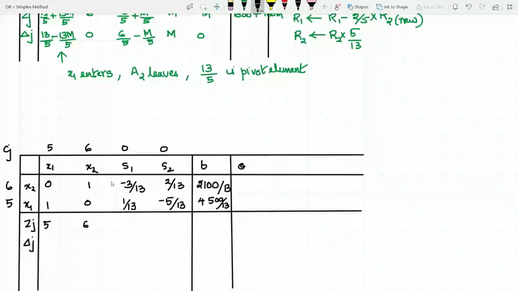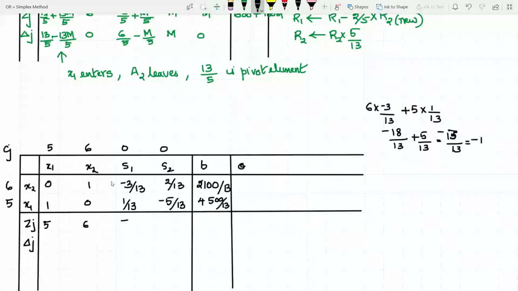Now 6 into minus 3 by 13 plus 5 into 1 by 13. So minus 18 by 13 plus 5 by 13, which is equal to minus 13 by 13, which is equal to minus 1.